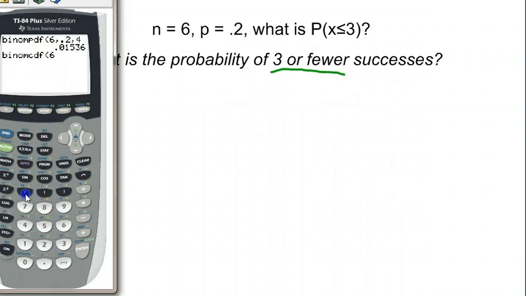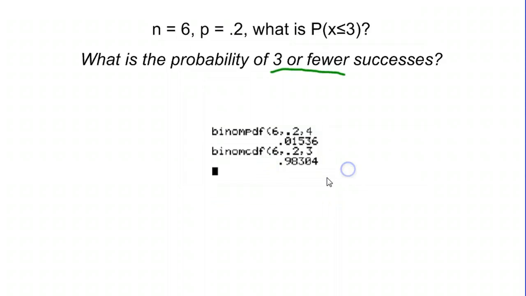We always do n comma p comma x, and x in this case is the highest number in the list, so 6 comma 0.2 comma 3, and we hit enter. According to this there is a 98% chance, or a 0.983 probability, of 3 or fewer successes under these conditions. So it's very likely there's going to be 3 or fewer successes.